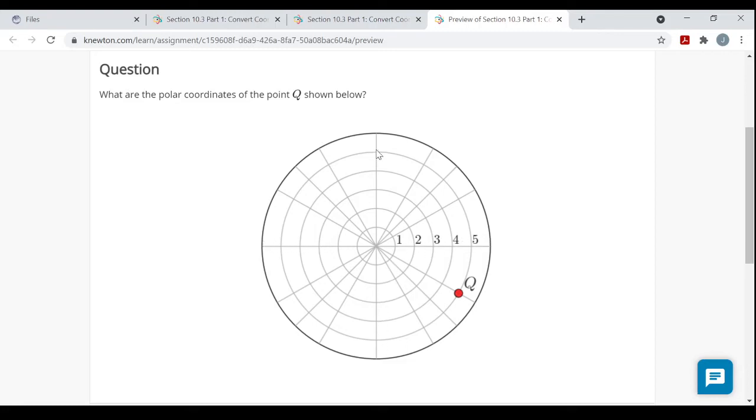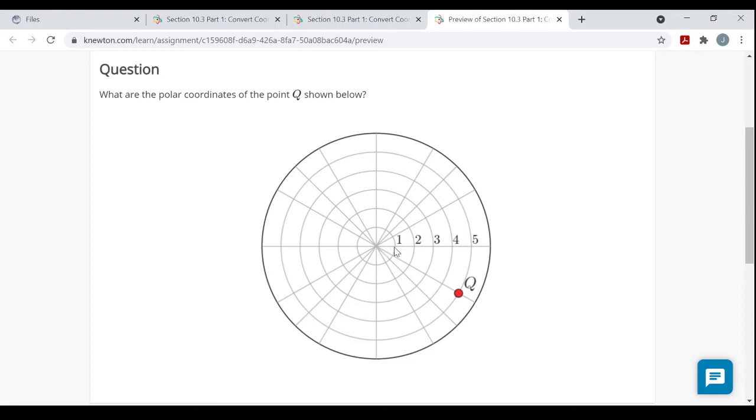Then the vertical axis corresponds to rotating 90 degrees, or 270 degrees. Then you have this line here, which corresponds to rotating 30 degrees or pi over 6. Then you have the 45 degree line, the 60 degree line, and again the 90 degree line, that's all these lines here.